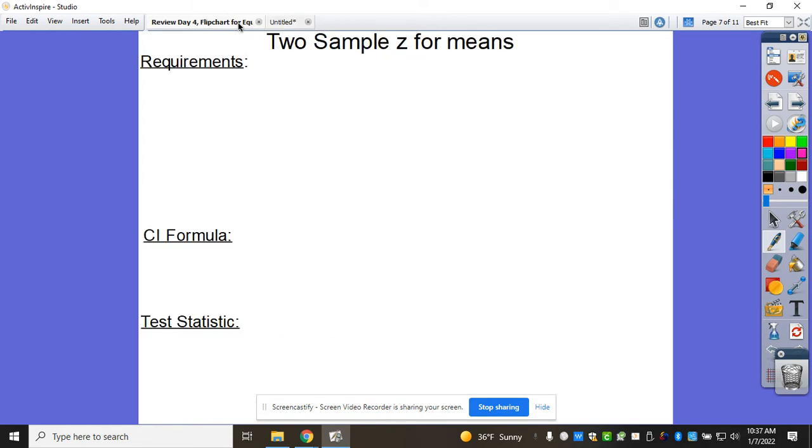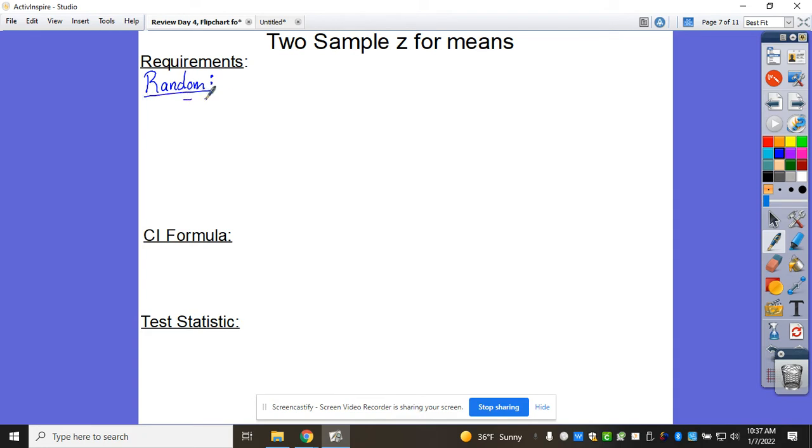So for 2 sample Z for means, what is my first condition? Random. I'm trying to decide how I want to write this. What do I have to check? And I have to do it for both.